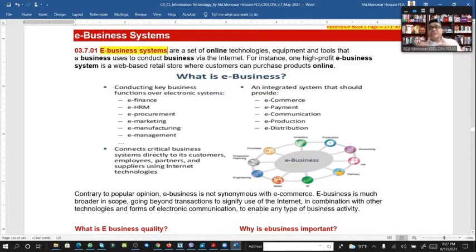E-business is an integrated system that should provide e-commerce, e-payment, e-distribution, e-production, and e-communication. So all of this, by adding an "e", means e-business.